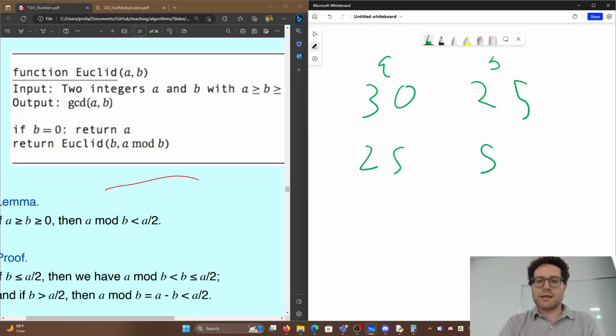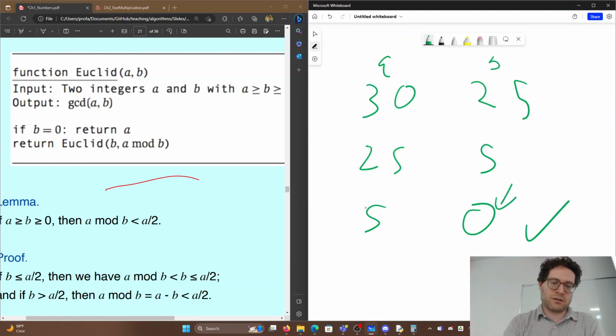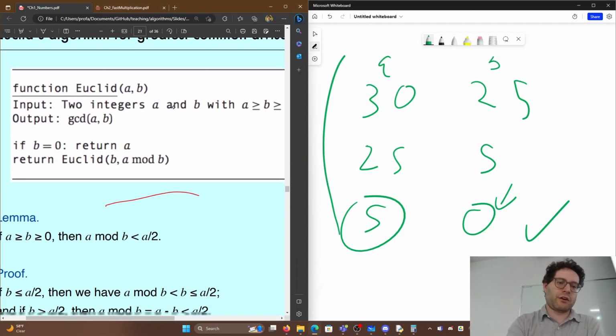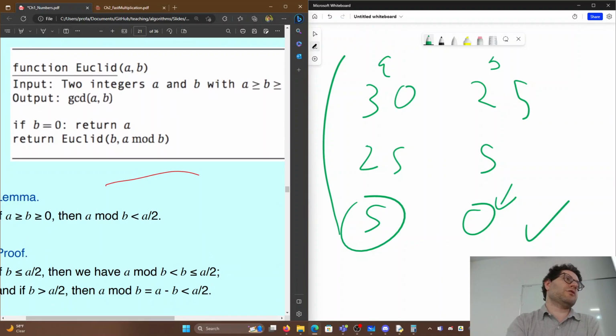So now we're down here, 25 and 5, B is not 0. 25 mod 5 is going to be 0, so we pass in 5 and 0. Is B equal to 0? Yes, it is. So return A, which would be 5, and the return calls are all the same. It's return what we just passed into each other.